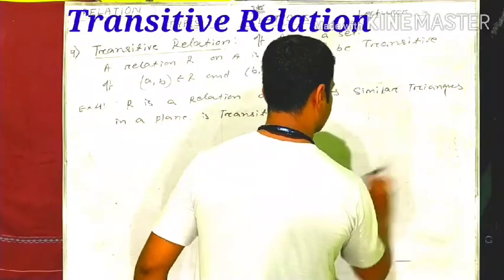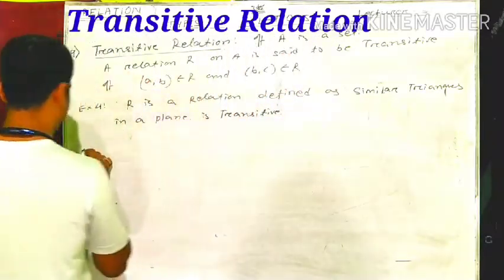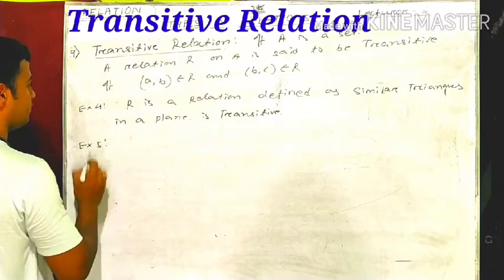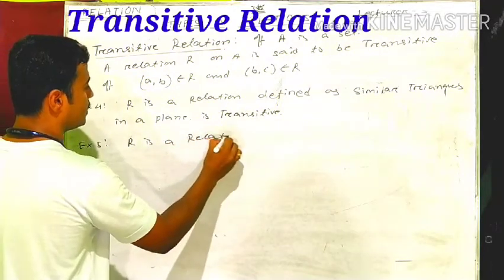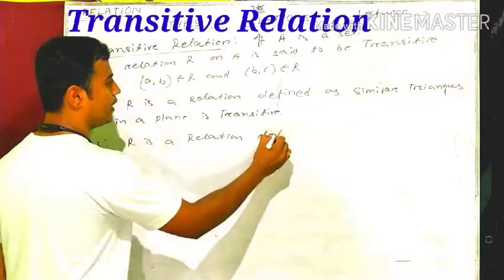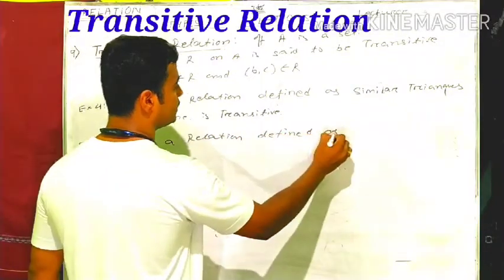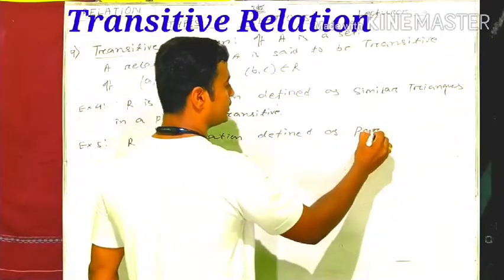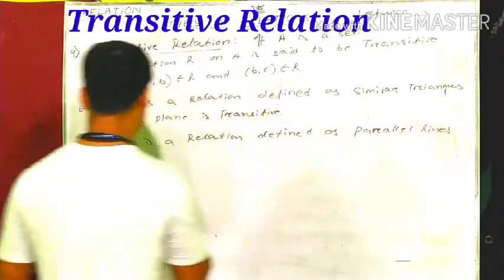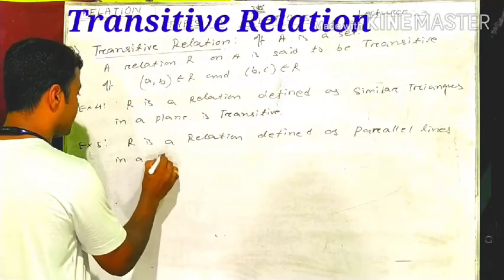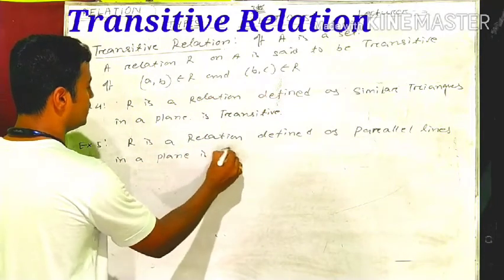Another example, example 5. R is a relation defined as parallel lines in a plane, which is transitive.